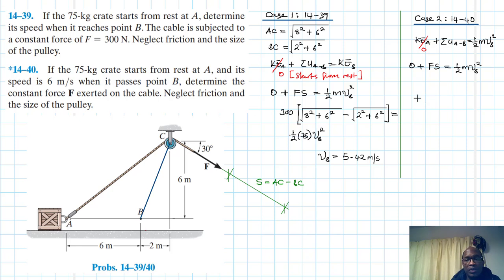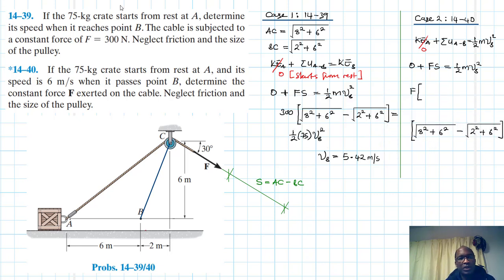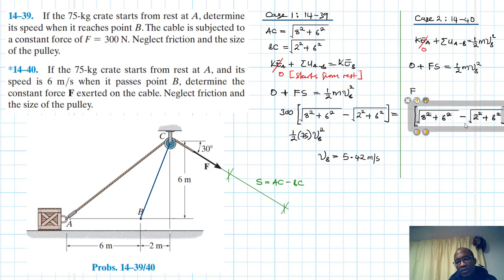Okay, so here the question is to find the force. So we have F times the same stuff, this stuff here, just collect it and then we can place it. Let me just wrap that and move it just there like so.